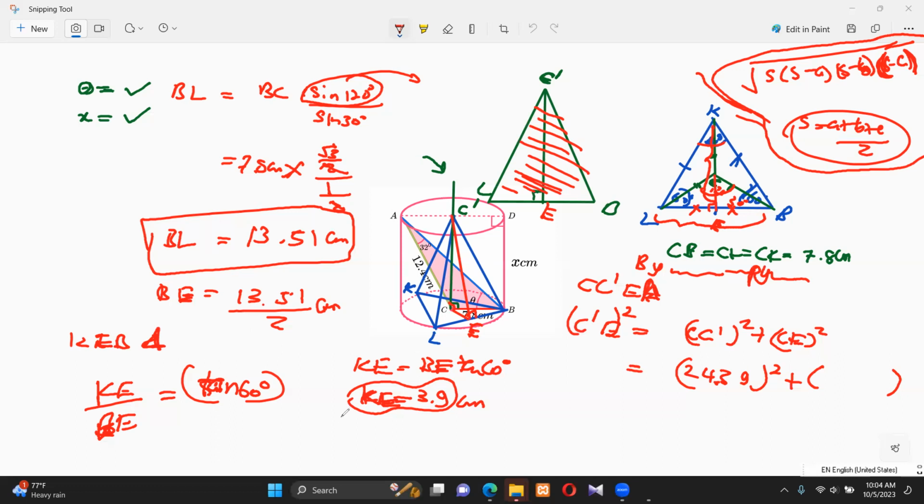Is it 3.9? No, there must be some issue with this one, right?